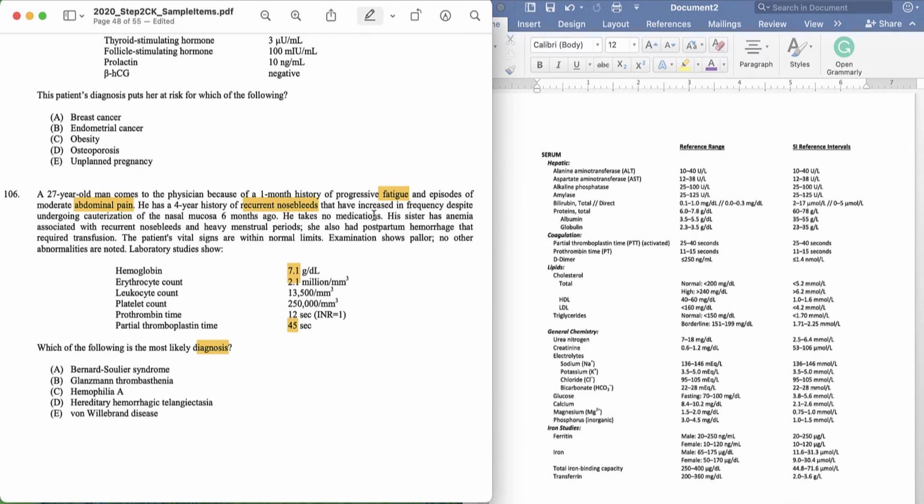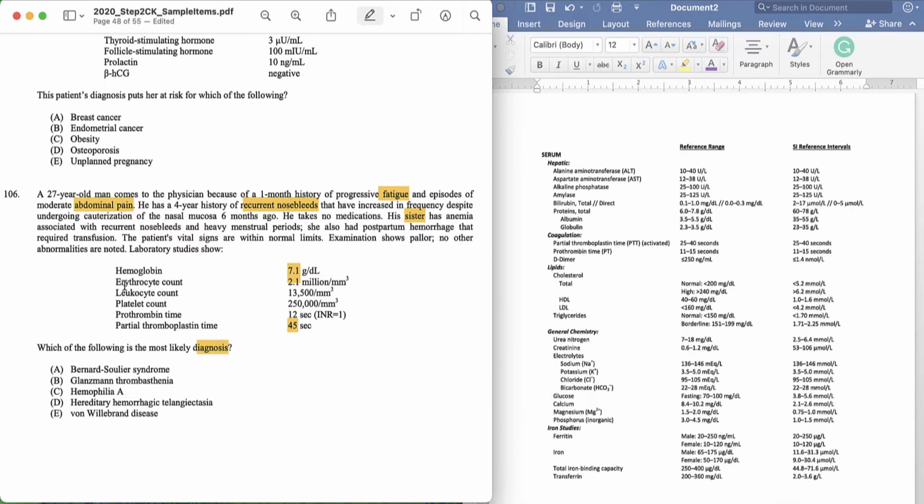He takes no meds. His sister has anemia, so that's family history right there, associated with recurrent nosebleeds and heavy menstrual periods. She also had postpartum hemorrhage that required transfusion. Vital signs are within normal limits. Exam shows pallor, no other abnormalities.